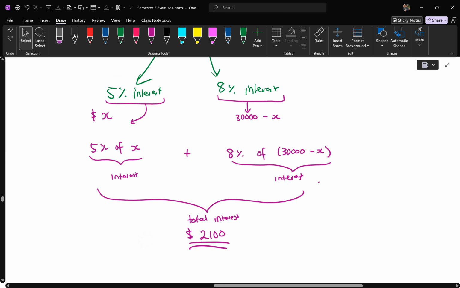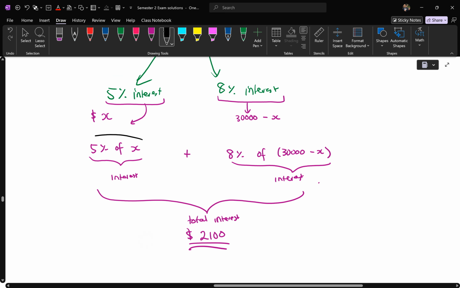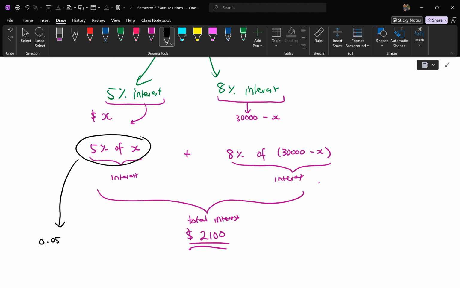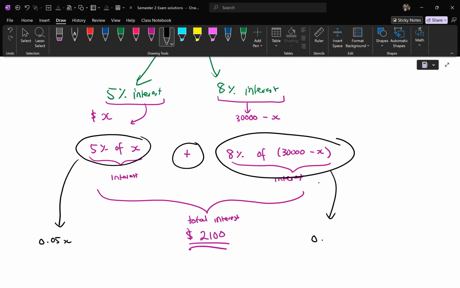So if we model this out and write it out, 5% of X is the same thing as 0.05, because that's 5 divided by 100. Of means times, so 0.05X, plus 8% of 30,000 minus X, which is 0.08 of 30,000 minus X. If you add those two together, 5% of X plus 8% of 30,000 minus X, it should give you a total interest of 2,100.